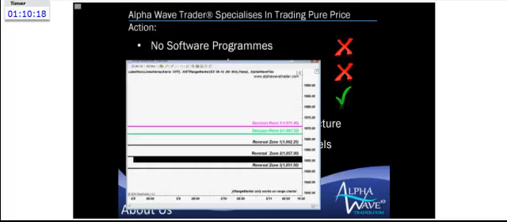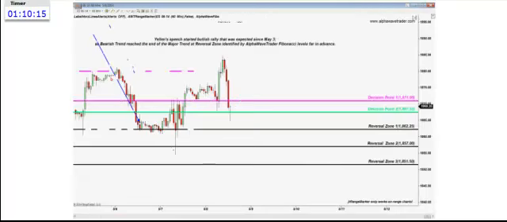No indicator on the planet would have told you on Monday this week where the reversal zone on S&P will be. We knew this very, very far in advance, just like we knew extremely clearly that the reversal zone is the most important Fibonacci level in the major trend structure. This is a level identified by pure price action only.